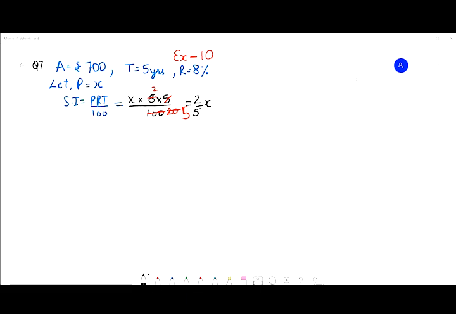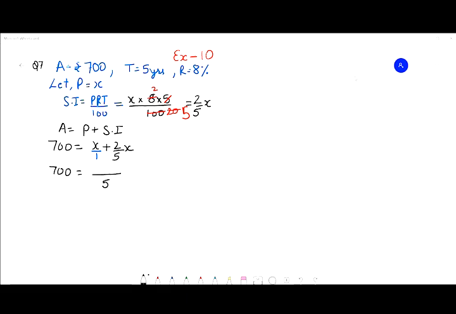Now we will take the formula of amount. Amount is equal to P plus SI. As we know, amount is 700, provided to us. Principal is X and SI is 2 by 5 X. If nothing is written here, it means we can take it as 1. When nothing is provided, all natural numbers have the denominator 1. Now the LCM of 1 and 5 will be 5.